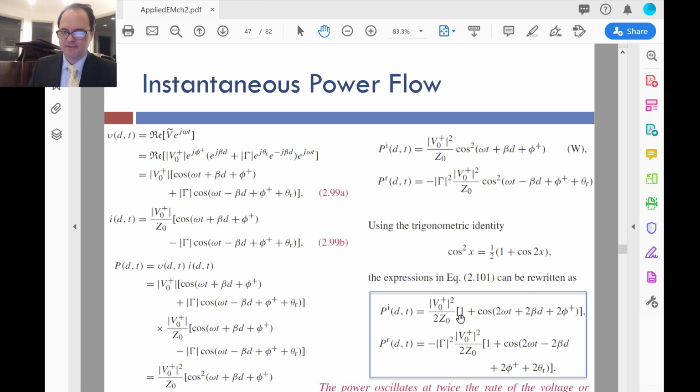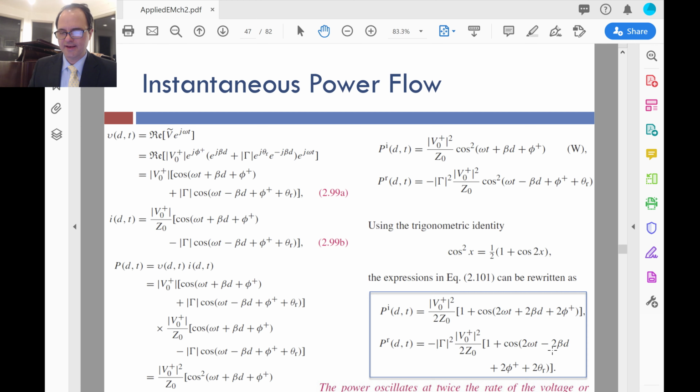So we have a constant power being delivered to the system, and then we have an oscillatory power term, but with a frequency not just of omega, but of 2 omega. Okay, so interesting. The reflected power also has a DC component, but now it's multiplied by gamma squared, the reflection coefficient squared.